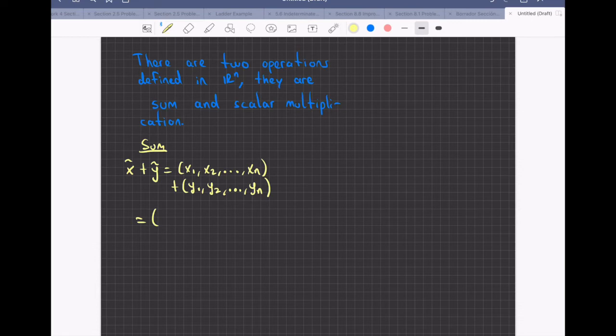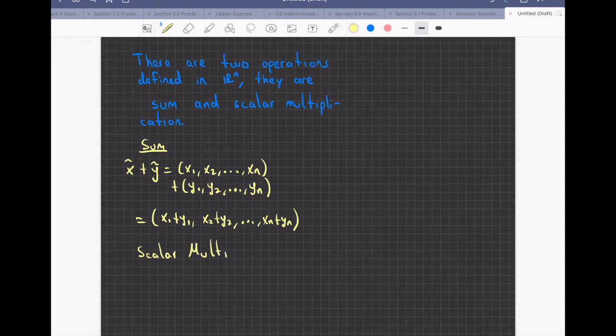So like matrices, right? By the way, I have talked about matrices and operations with matrices. A vector is only a matrix with one row or one column. That is a vector essentially. So you add x1 plus y1, x2 plus y2, and so on, xn plus yn. The other operation is scalar multiplication.